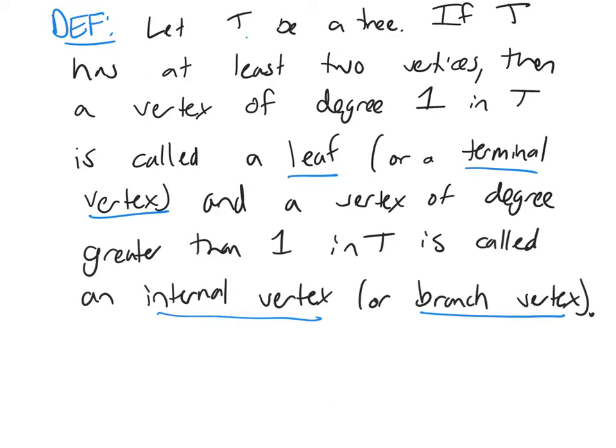So again, a degree 1 vertex in a tree is called a leaf or a terminal vertex. If it has greater than degree 1, it would be an internal vertex or a branch vertex.